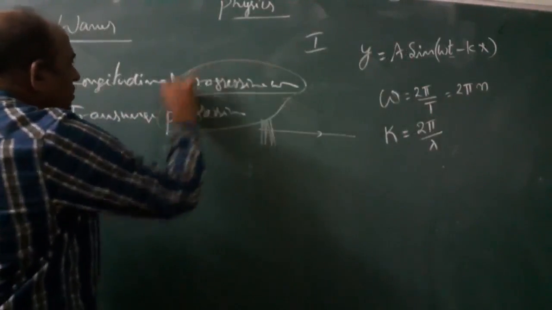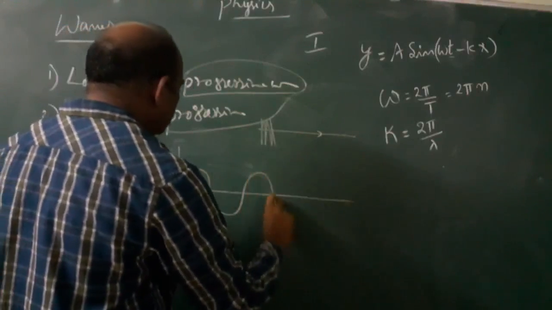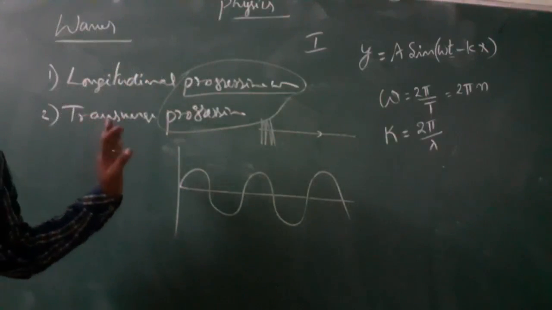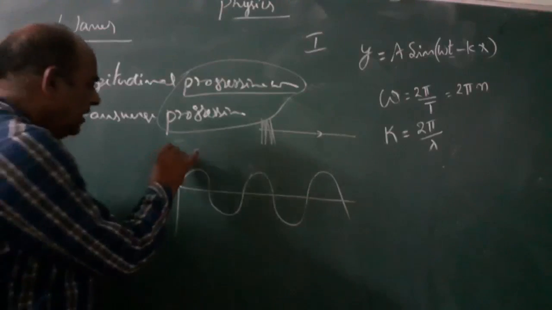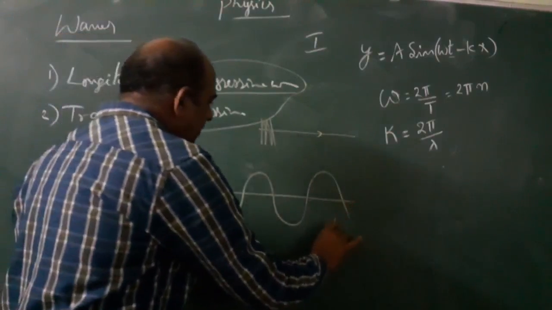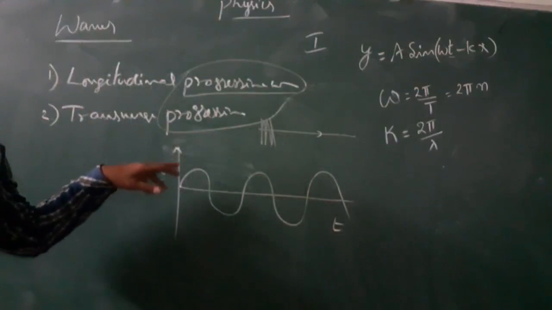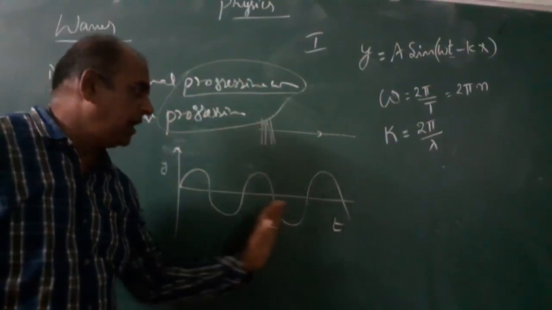Both longitudinal waves and transverse waves are represented by this curve. This curve is called a sine curve, because on the y-axis we take displacement and on the x-axis we take time. As time changes, the particle's displacement changes periodically.